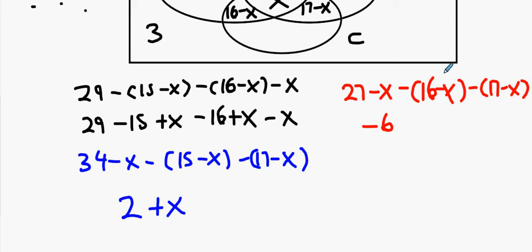Minus x plus x cancels, plus another x, minus 6 plus, I prefer x minus 6. Everybody cool with that? How many people got the 3 sectors correct? Alright, good man.